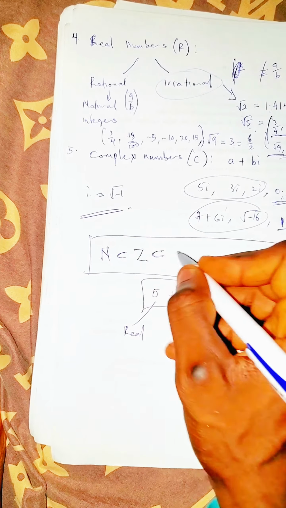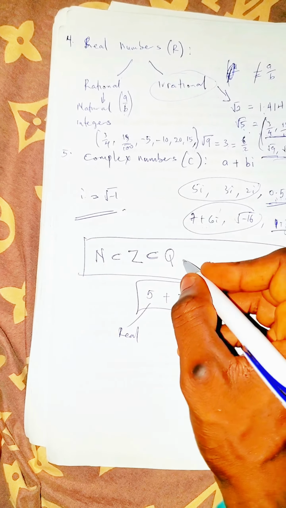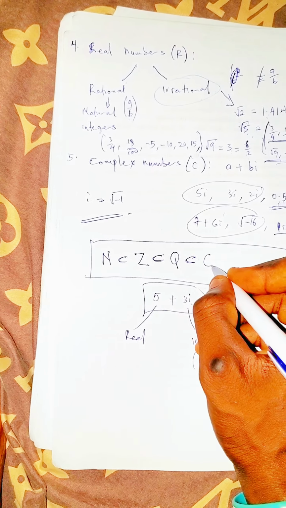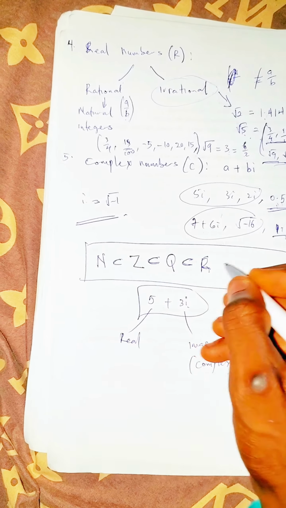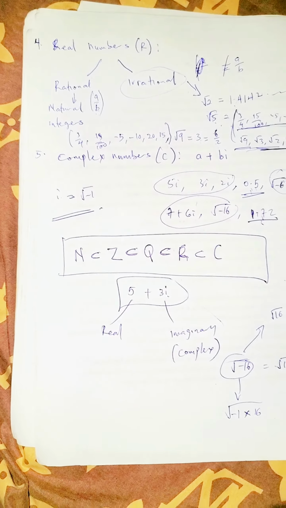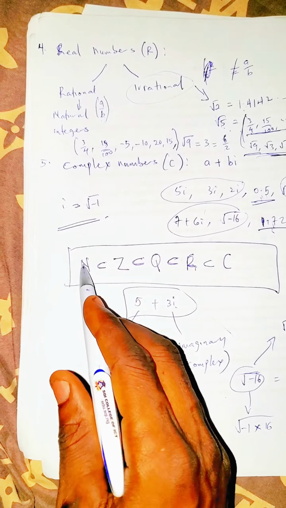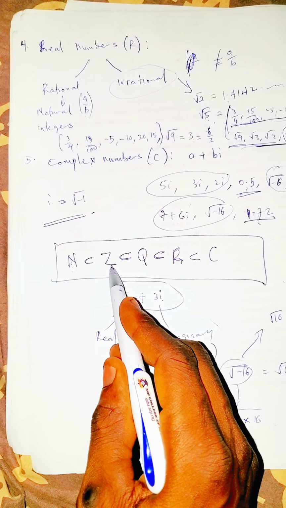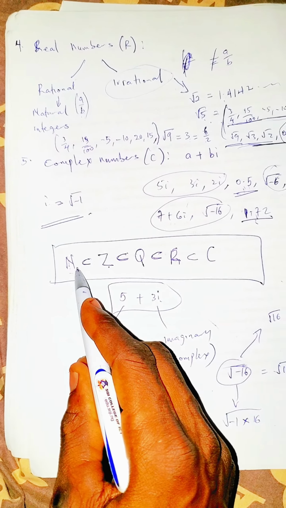Integer numbers are a proper subset of rational numbers. Rational numbers are a proper subset of real numbers. And real numbers are a proper subset of complex numbers. What am I talking about? It means that all members of natural numbers can be found in integer numbers, but not all members of integer numbers can be found in natural numbers.